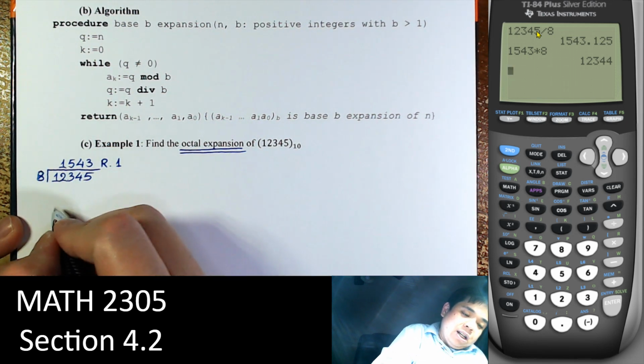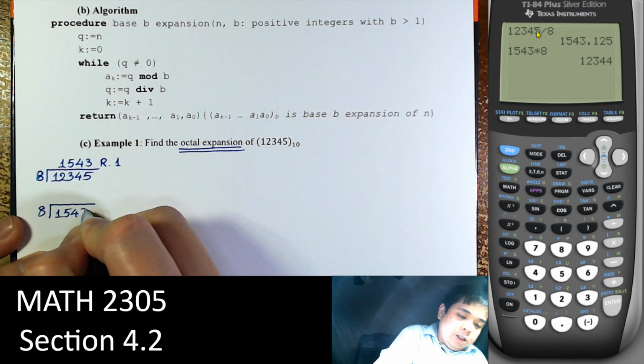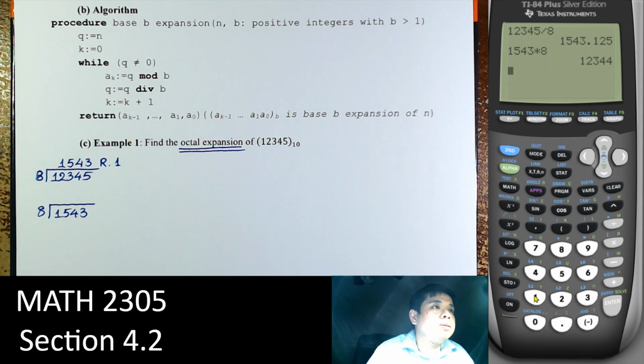Now, 1543 divided by 8. I will just do that: 192. Now we take 192 times 8, and that is missing 7.